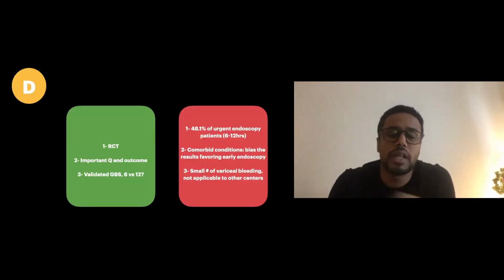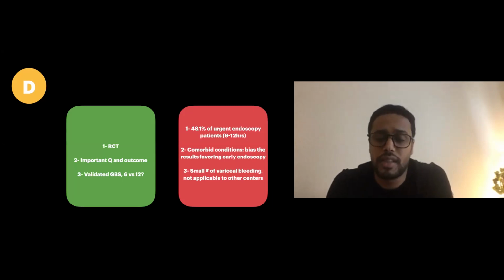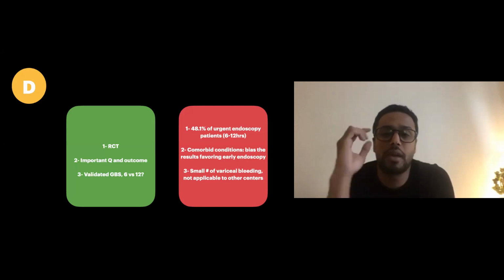Now, what I like about this article is that it was an RCT, and they asked an important question with an important outcome. They used a validated score, and they didn't even go with the 6, they went with 12 in their score to make sure that they would involve higher risk patients with upper GI bleed. On the other hand, there were some limitations.